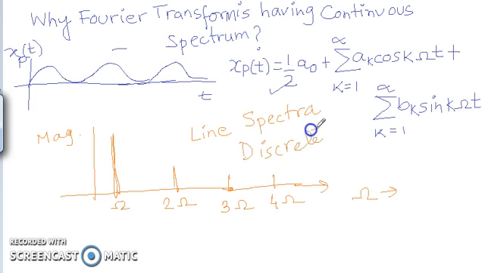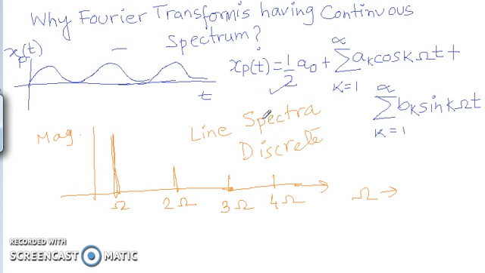As we have discussed in our previous lecture, Fourier series is having a line spectra or a discrete spectra, and that is periodic in nature.